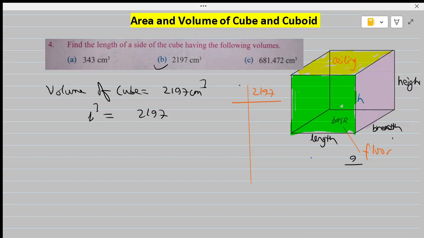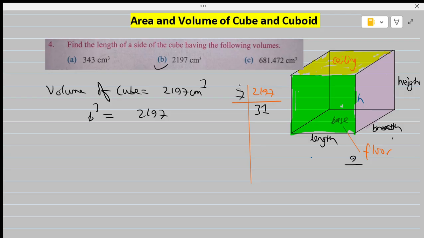Now let's check by 7. 7 3s are 21, and for 9, 7 1 is 7, so 2 remains, 27. So by 7, also not getting it. I'm not sure how much this is right now, so I'm taking help of the calculator for now.